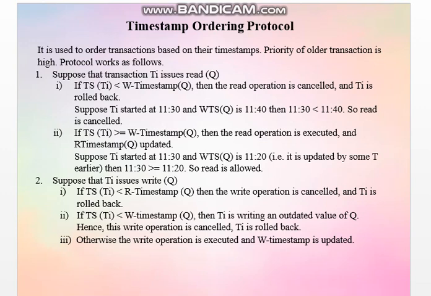Let's consider it has the timestamp 11:30, but the write timestamp is 11:40. So 11:30 is less than 11:40. At that time the writing operation will produce some inconsistency in the transaction. So that's why we will not allow the transaction to write, we will cancel it.